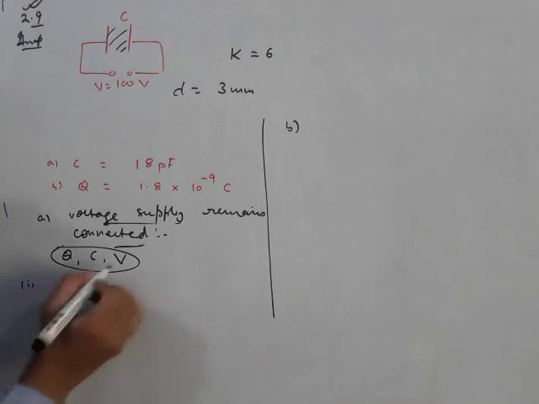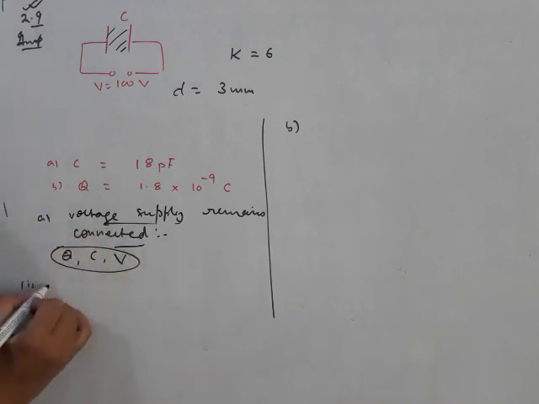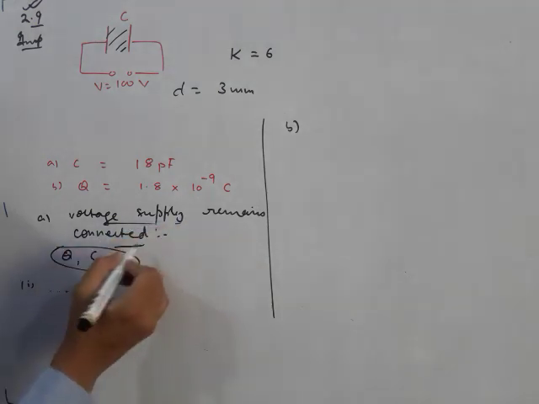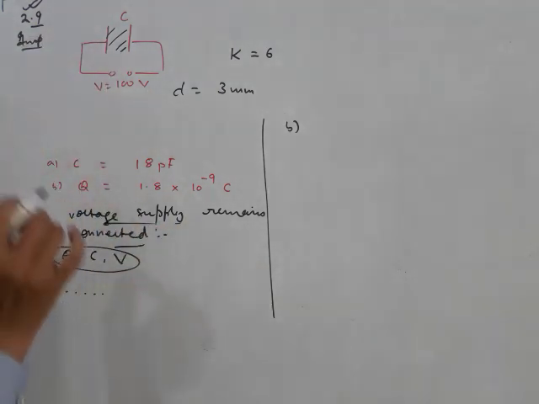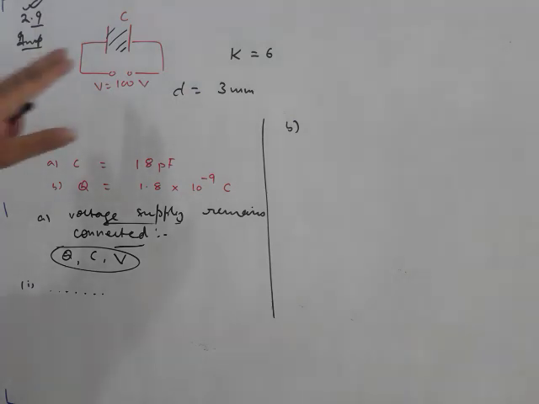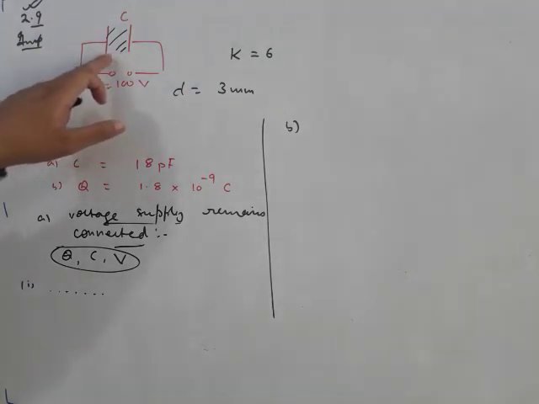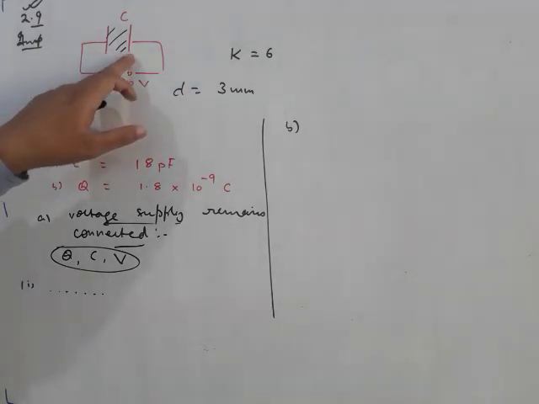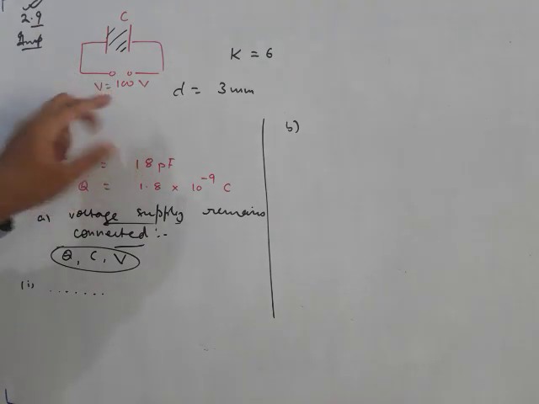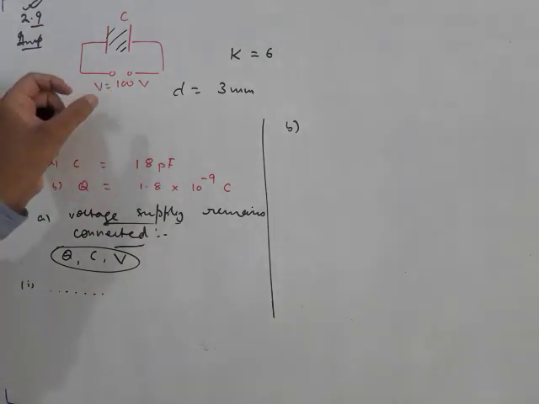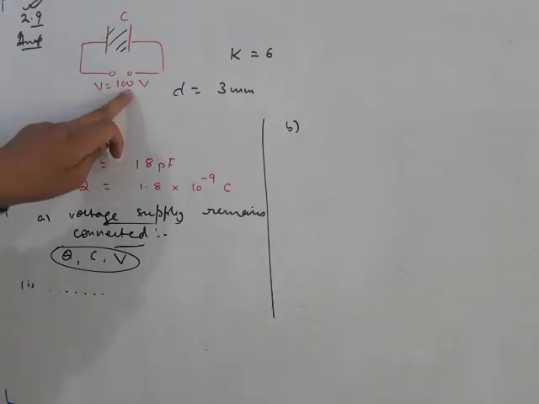Number 1, we'll talk about potential difference. Since the battery remains connected, the potential difference will remain the same. Whatever potential difference appears between the plates of the capacitor, remember students, that is because of the battery. It's the duty of the battery to create a potential difference. So this potential difference is how much? 100 volt.